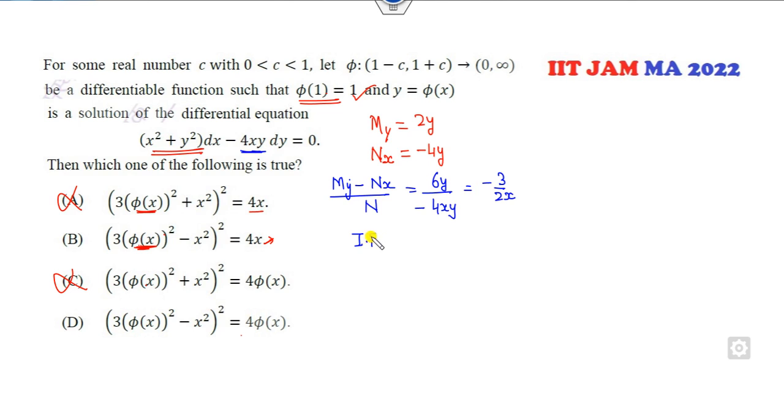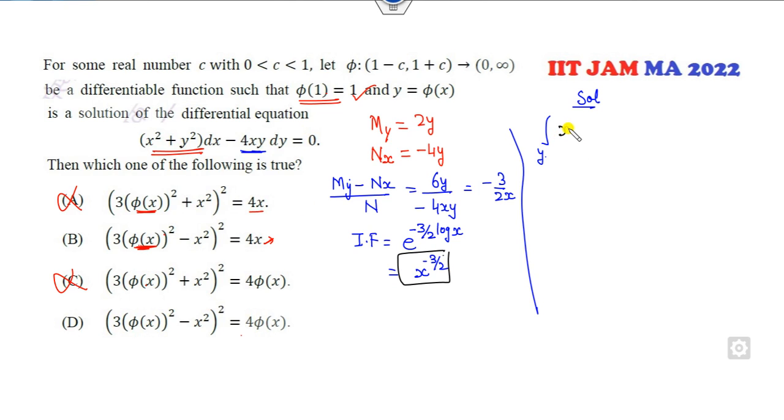What is the integrating factor? Integrating factor is e raised to power integration of this term. That means x raised to power 3 over 2. So what is my solution? Keeping y as a constant, I can multiply this quantity with this here.